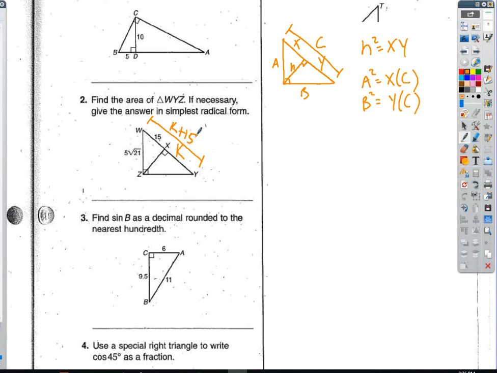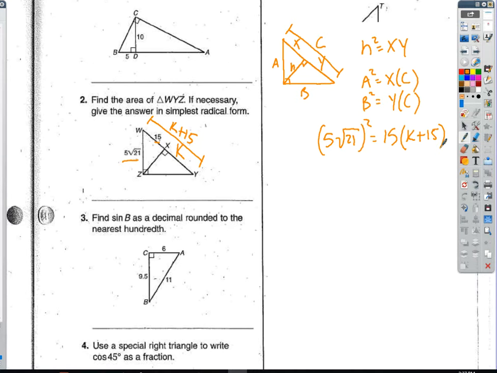I can now find the value of k, because I have a side length and this side length, leaving me with just one unknown. So 5 times the square root of 21, squared, must equal 15 times k plus 15.